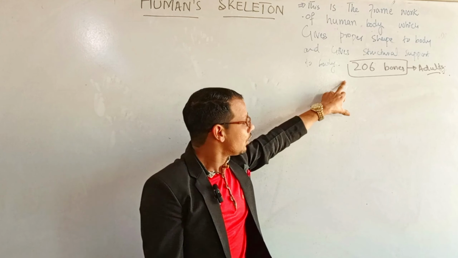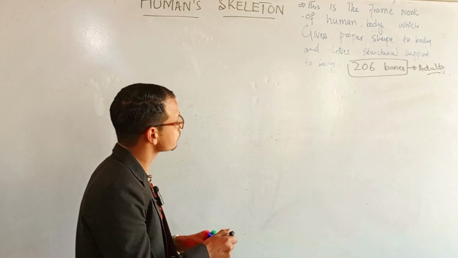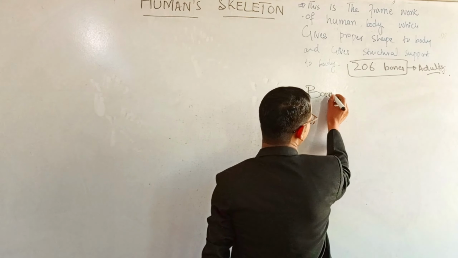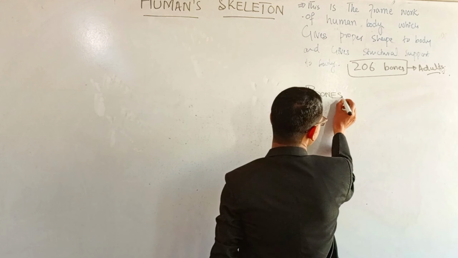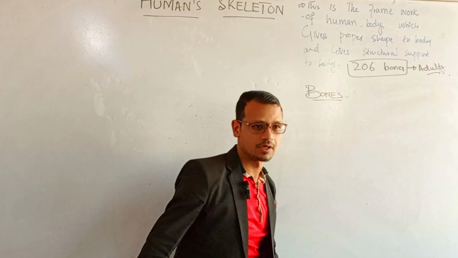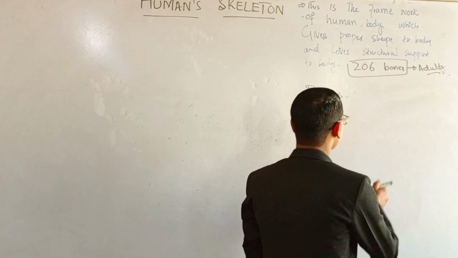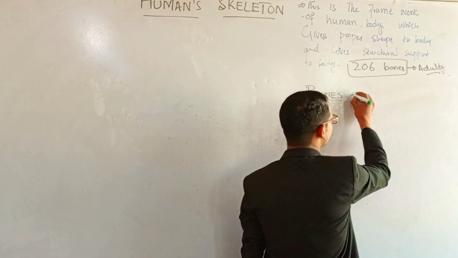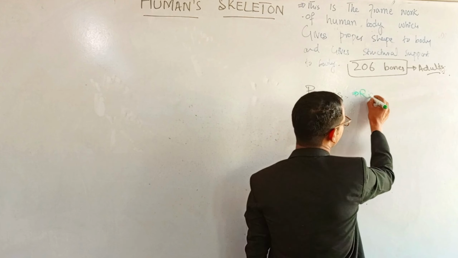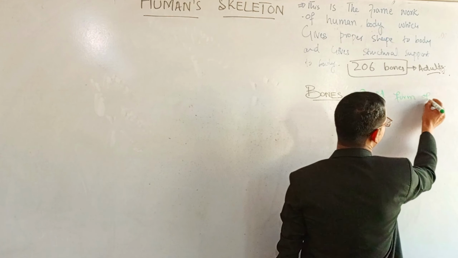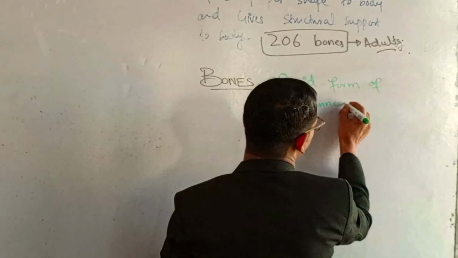What is bone? Because the skeleton is made up of bones and cartilages. Bone is a rigid form of connective tissue.